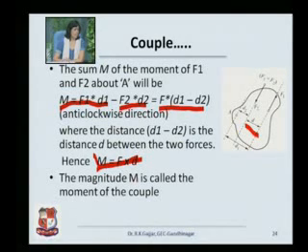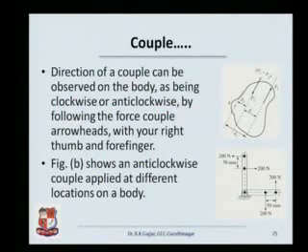The magnitude M is called the moment of the couple. The direction of the couple, as I said earlier, can be observed on the body itself as being clockwise or anti-clockwise by following the force couple system with your right hand thumb and forefinger. As we have already seen, this couple is going to rotate the body in this direction.